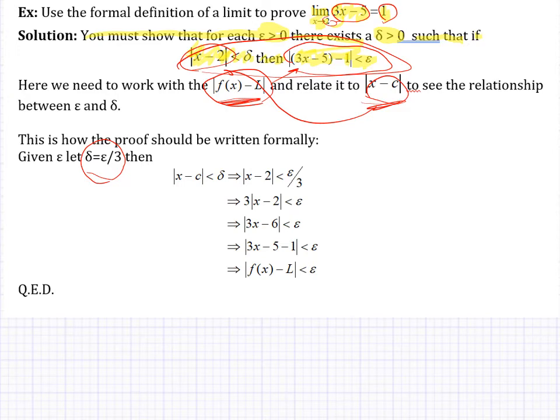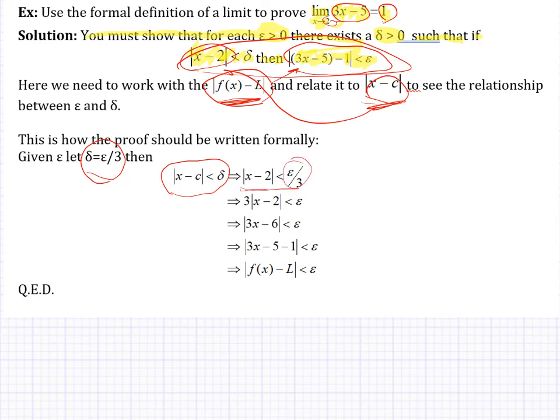Really what you do is you kind of work this proof backwards and then you do the proof forward. So if we work with the x minus c is less than delta statement, and we let delta equal epsilon over 3, what happens? You get the absolute value of x minus 2 is less than delta, delta being epsilon over 3.